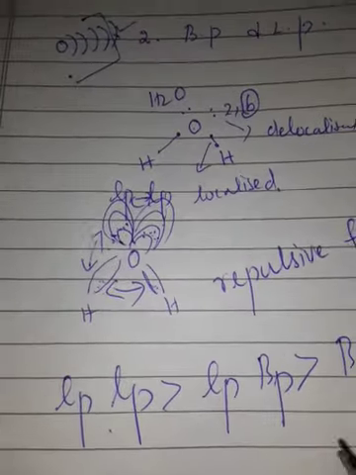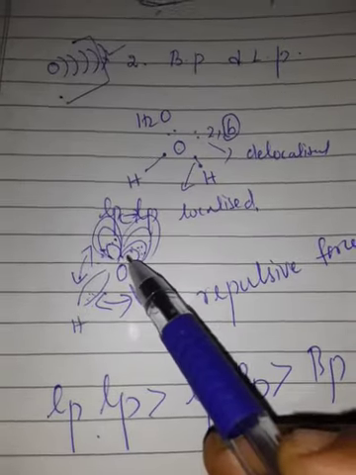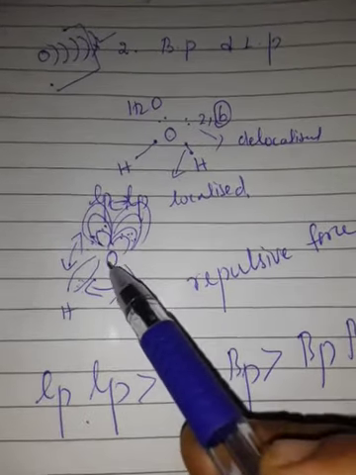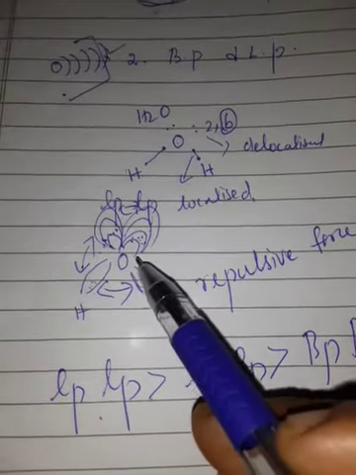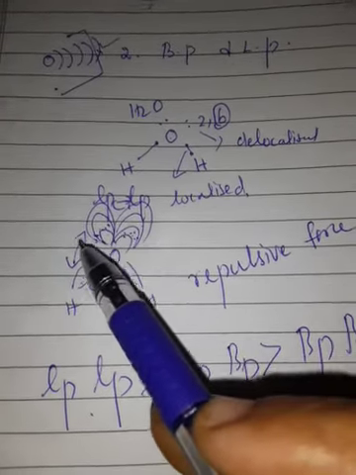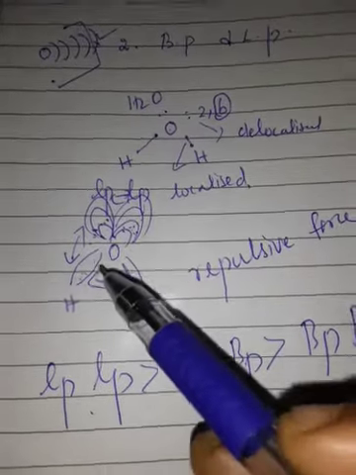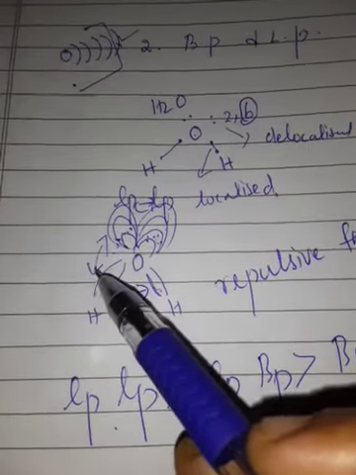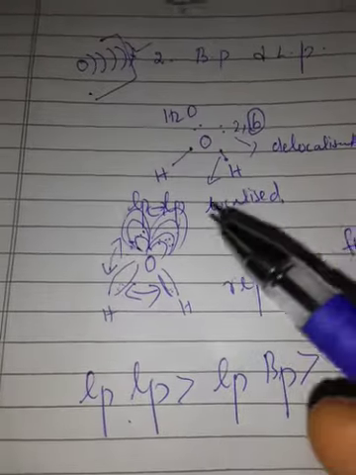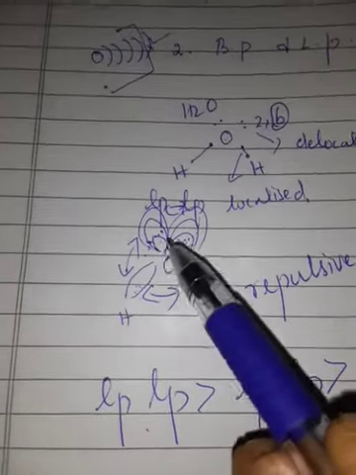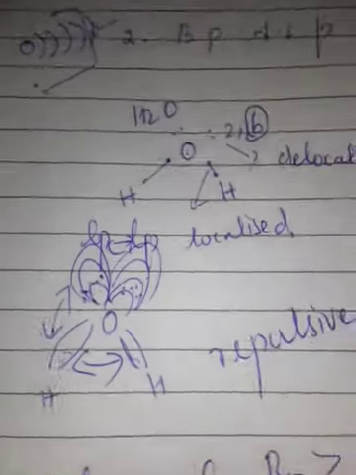Now, these pairs of electrons around the central atom repel each other, and hence, to minimize the repulsion, the electron pairs are located as far apart as possible in three-dimensional space.